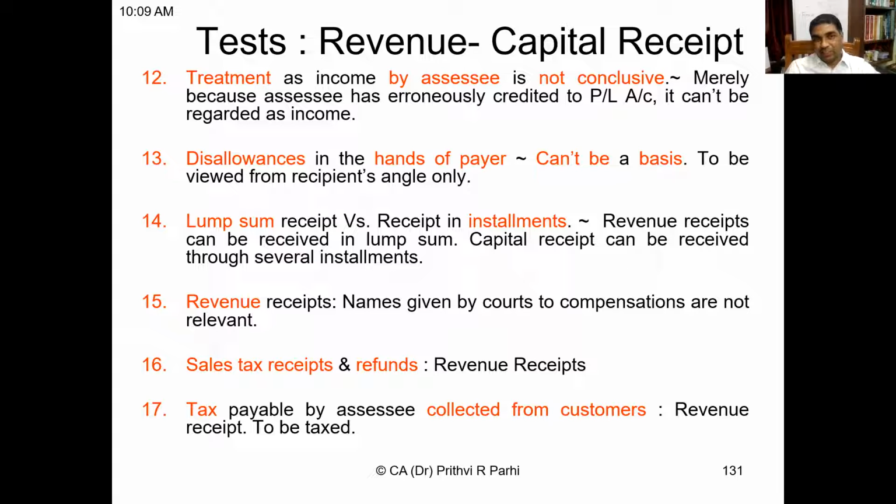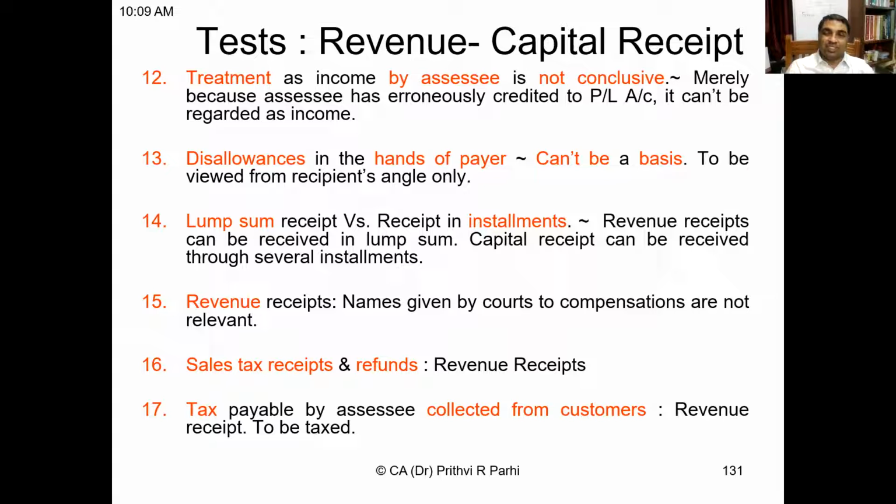We are discussing various principles. Next principle is that treatment as income by assessee is not conclusive. That means how the taxpayer is treating that particular income is also not conclusive. Let us say assessee might be routing that income through its profit and loss statement or through its balance sheet.